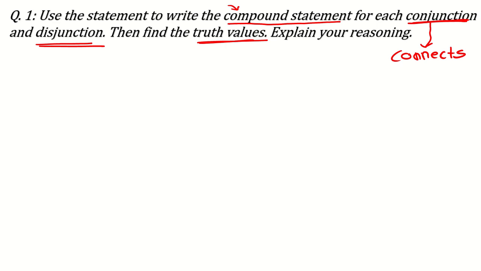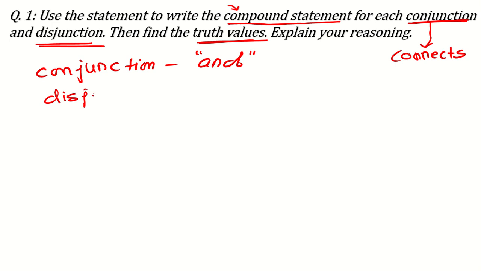Okay, so here I am using the word or as a connector to join these two statements. So normally for conjunction, what we use? We use and. Conjunction is used with and as a connecting word, and disjunction is used with the word or as a connecting word.